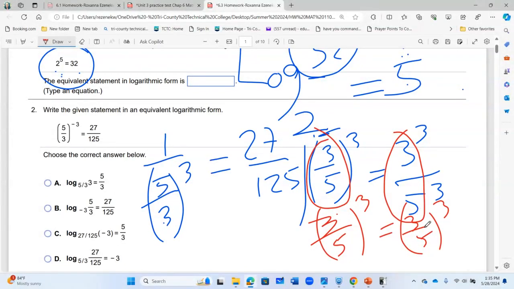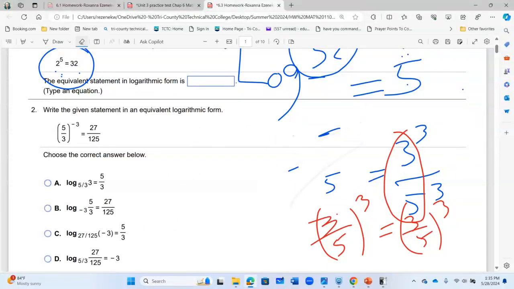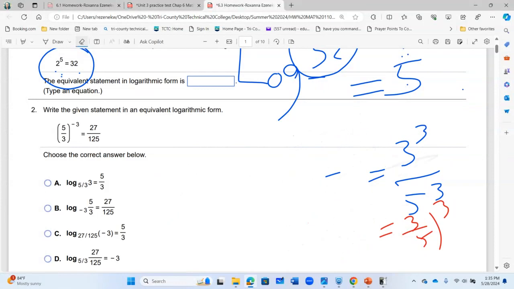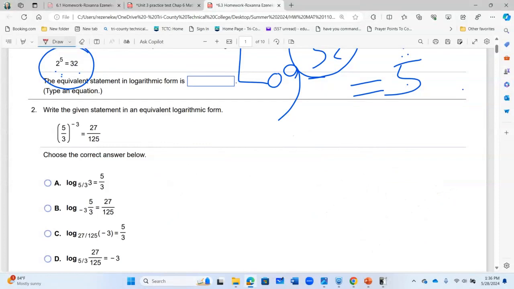So log to base 3 over 5 of 27 over 125 is equal to 3. So they actually asked us to write it in logarithmic form, so let's write it in logarithmic form.